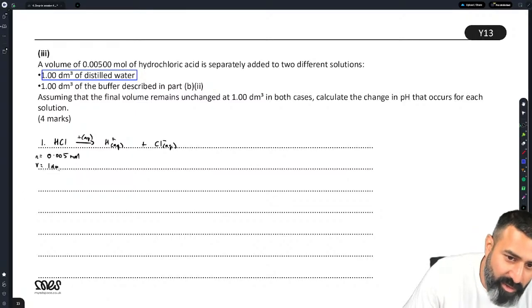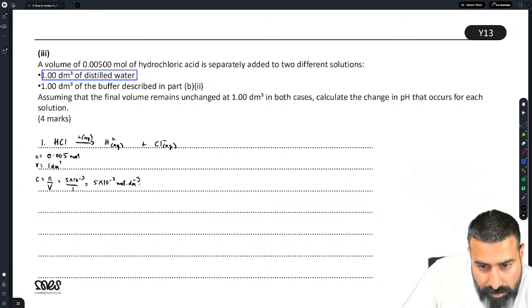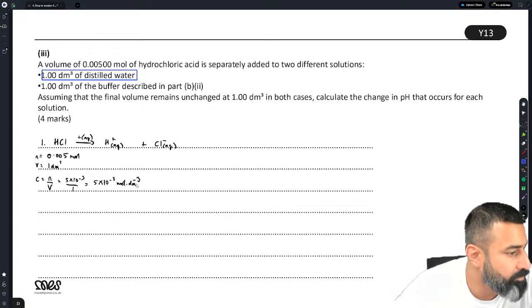Yeah, it's 1 decimeter cubed. So the concentration in moles per decimeter cubed is going to be 5 times 10 to the minus 3 over 1. So the concentration is what? Agreed?